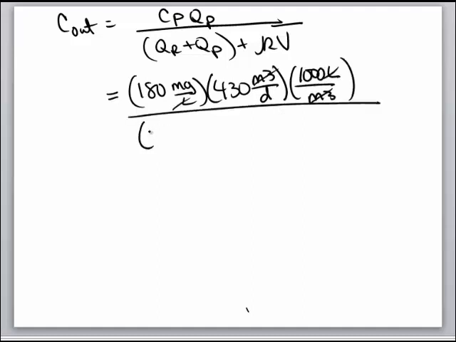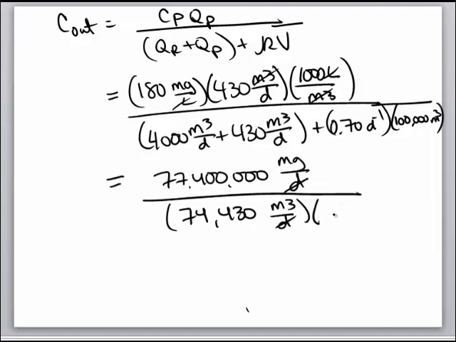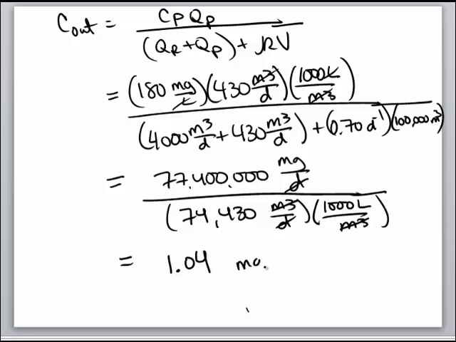The flow rate of the river was 4,000 meters cubed per day, plus 430 meters cubed per day for the flow rate of the pollution, plus 0.70 inverse days for the decay constant, times the volume, which was 100,000 meters cubed. And I'm going to convert meters cubed to liters, and this gives us 1.04 milligrams per liter.